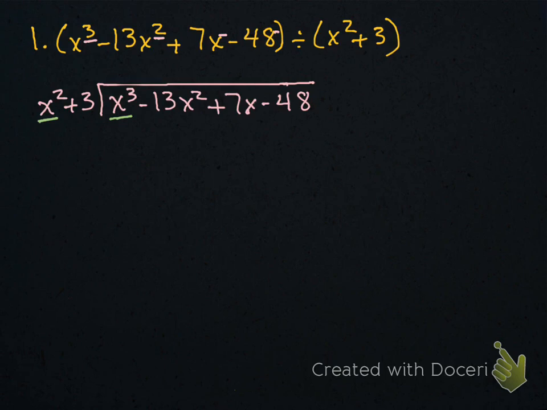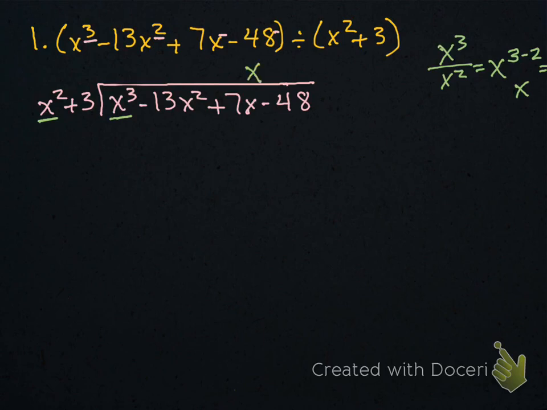I'm going to divide x cubed by x squared. And remember, when I divide, I subtract the exponent from the numerator minus the exponent from the denominator. So I end up with x. I'm going to put that right above the column with the x's.